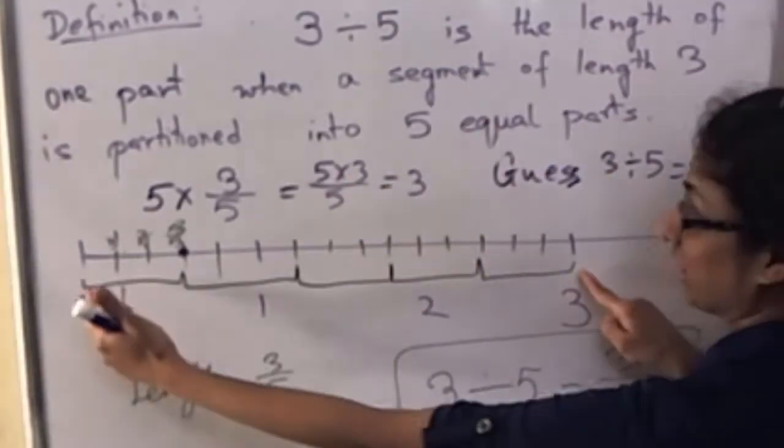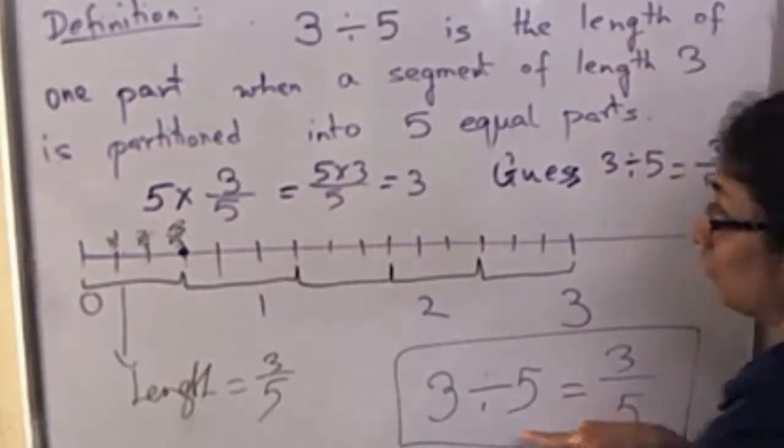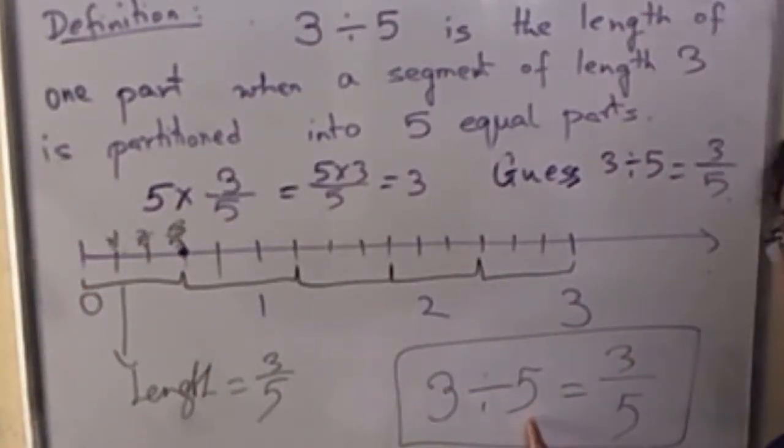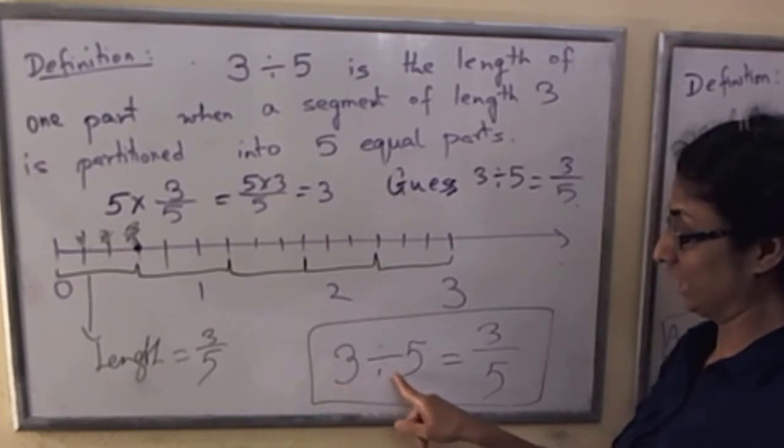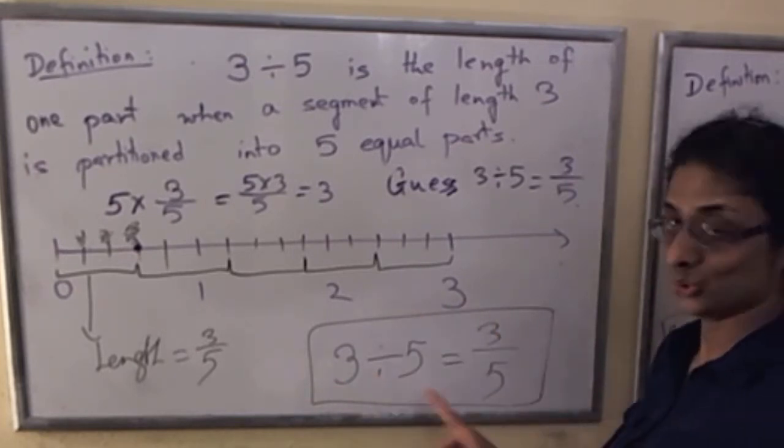We take a segment of length 3 and partition it into 5 equal parts, and the length of each part is 3 divided by 5. So 3/5 can also be thought of that way. And in another video, we'll generalize the same result using letters.